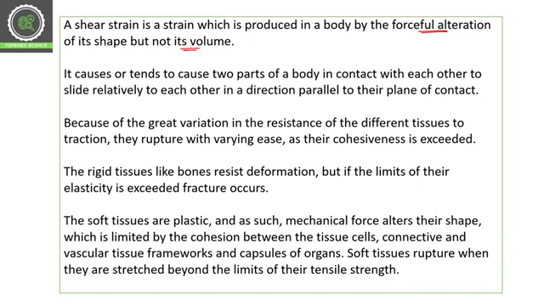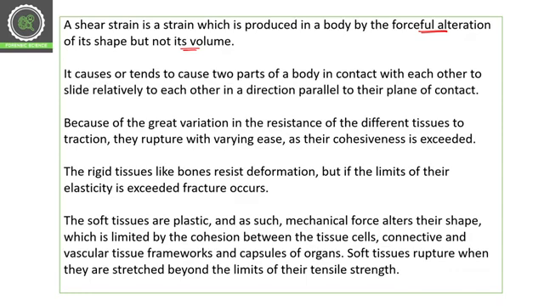It causes or tends to cause two parts of a body in contact with each other to slide relative to each other in a direction parallel to their plane of contact. So if we see this parallel type of injury, it causes or tends to cause two parts of a body in contact with each other to slide.